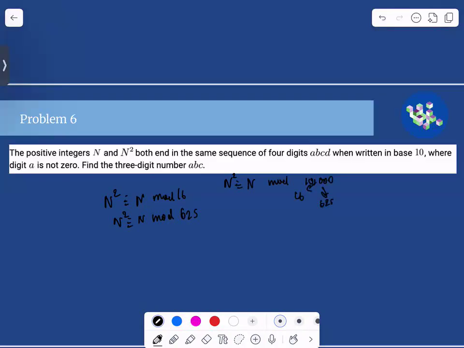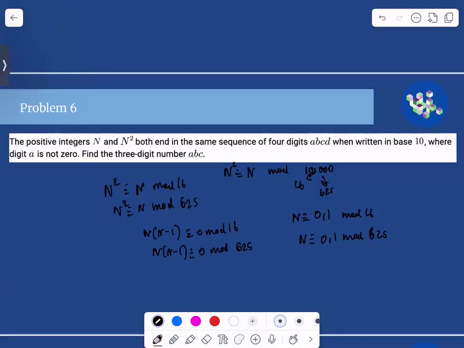And so this implies that n times n minus 1 is congruent to 0 mod 16, and n times n minus 1 is congruent to 0 mod 625. And so we can first just ignore the restriction that a cannot be equal to 0, and we can just say that obviously n is either 0 or 1 mod 16, and n is either congruent to 0 or 1 mod 625. And that gives us 4 cases. So all you have to do basically is check those 4 cases.